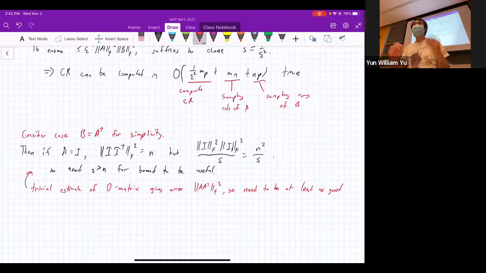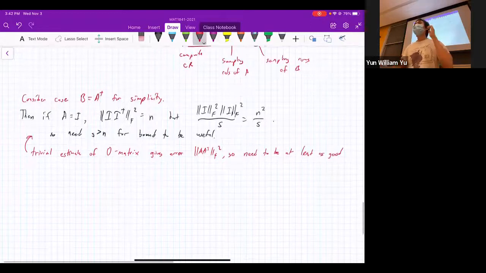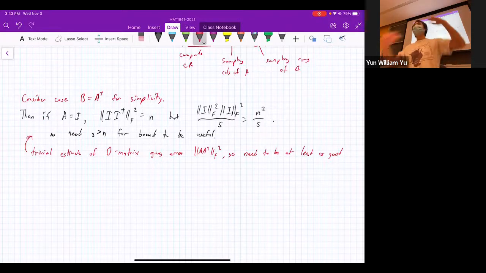And in this particular case for the identity matrix, our method needs more than n samples for it to be as good as the zero estimate. So this is no good. And so the intuition that we're getting at here is that if your original matrix is highly diffuse, and we'll define this in terms of the SVD, in the sense that all the mass is spread out across all the different eigenvectors, then the sampling does not work very well.